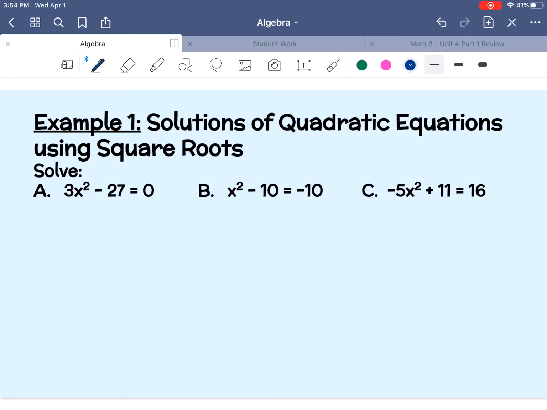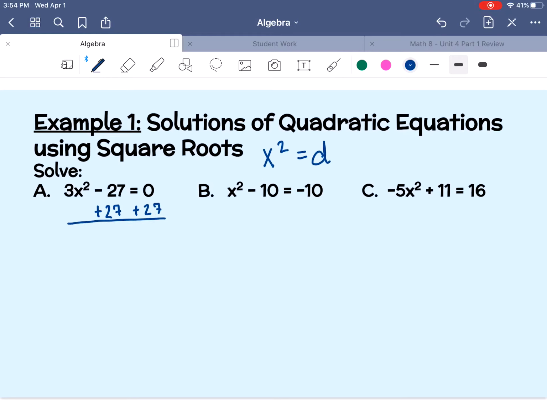All right, so example 1, we are going to first determine the number of solutions, and then we're actually going to solve. Reminder, we need to have our equations in that x squared equals d format. So on this first problem, 3x squared minus 27 equals 0, it's not in that format. We need to move the 27.